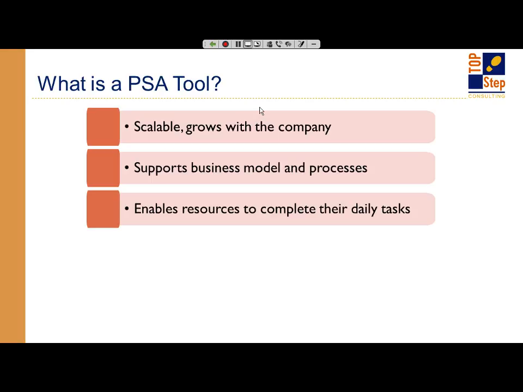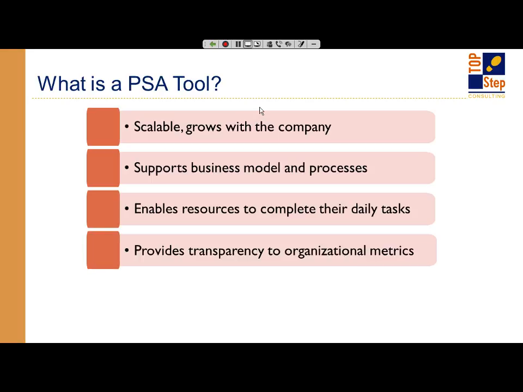Providing transparency to organizational metrics is a pretty generic statement, but a PSA tool, since it does capture a lot of information, and we'll get into the components that are typically involved in a PSA tool in just a second, usually captures information that is key to basic metrics that help you understand whether your business is healthy, if it's on the right track, or where you need some improvements.